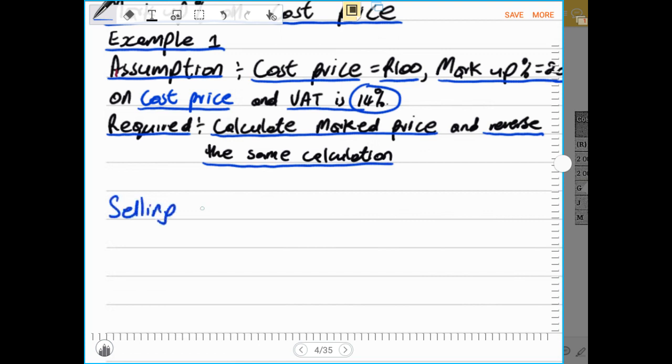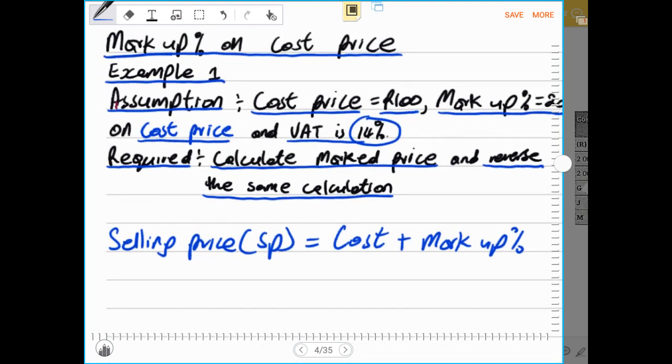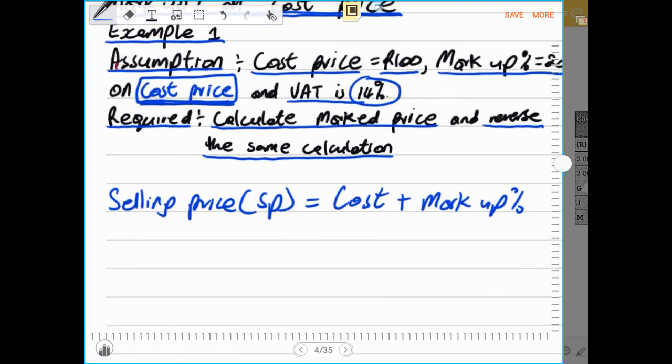In calculating our selling price, which can be abbreviated as SP, we need to know that our selling price is equal to cost price plus markup percentage. Whenever the markup is on the cost price, you must know that the cost price is equal to 100%.